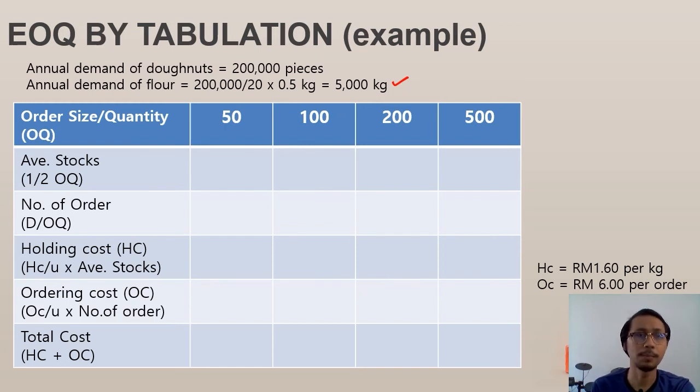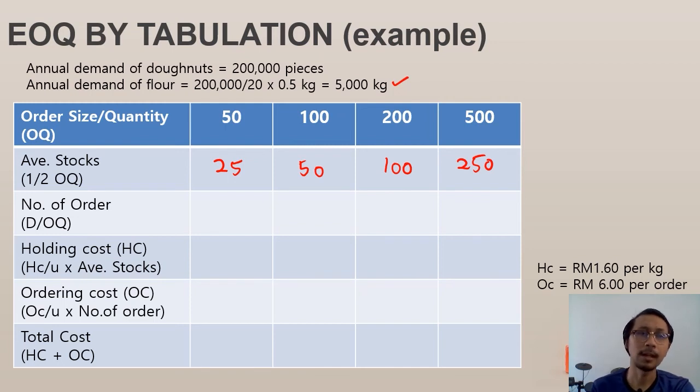So first will be your average stock by dividing your order quantity by 2. For example, 50 divided by 2, you get 25. 100 divided by 2, you get 50. 200 divided by 2, there you go, 100. And 500 divided by 2, as a result, 250.